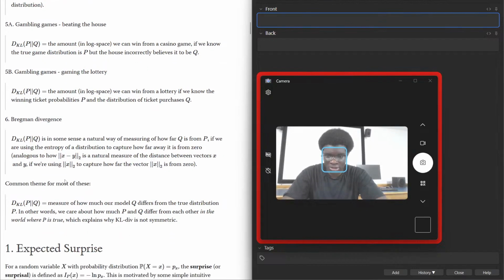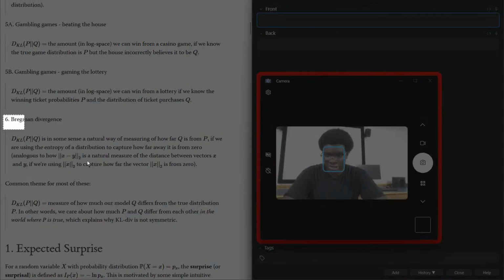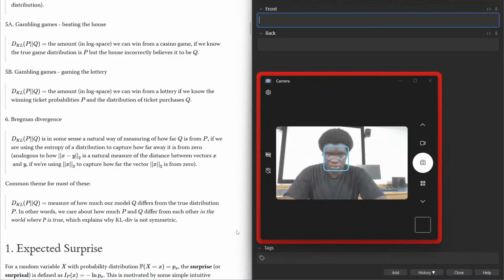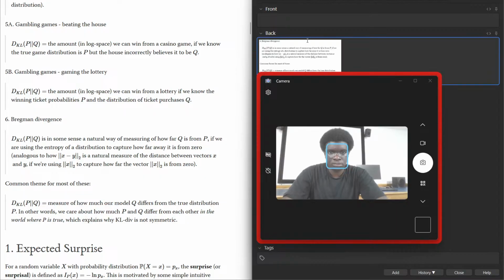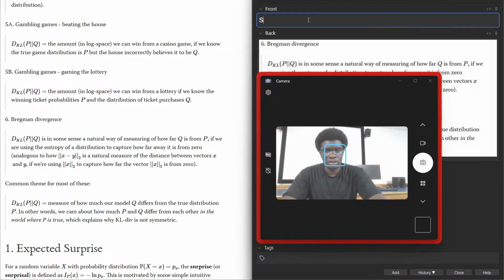I think also the common theme is pretty much a restatement, they seem pretty similar to me, so I'll probably put them all in one flashcard. Intuition for KL divergence.